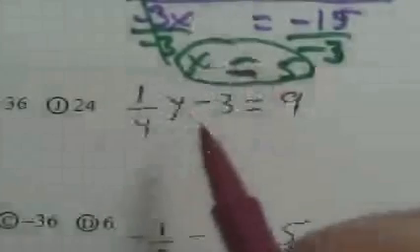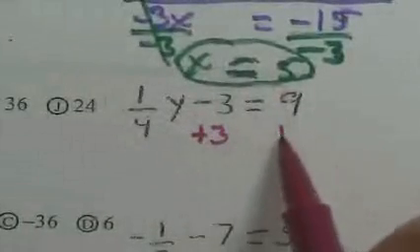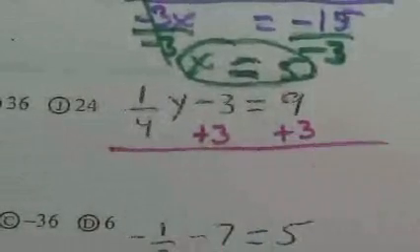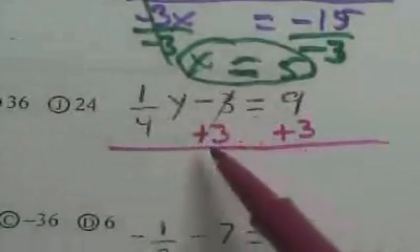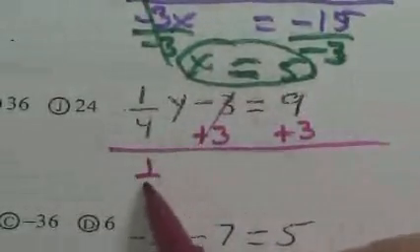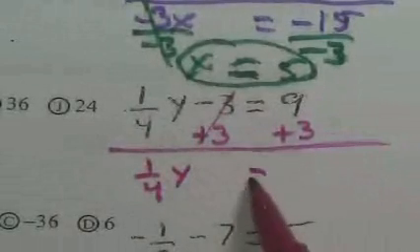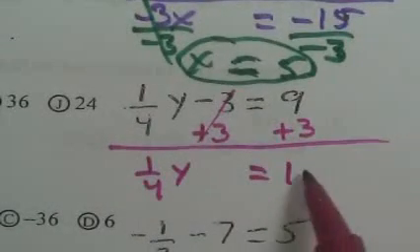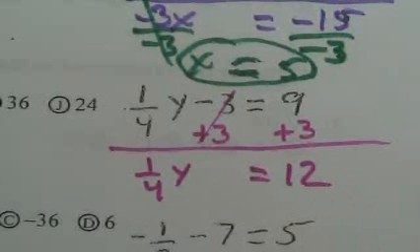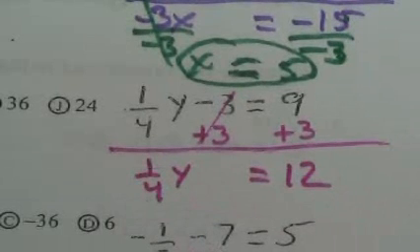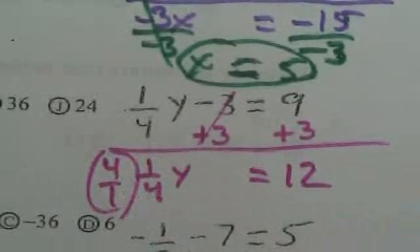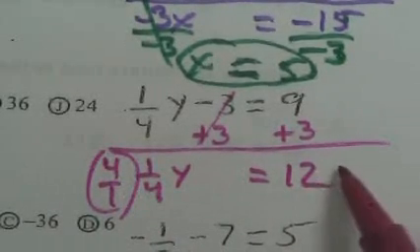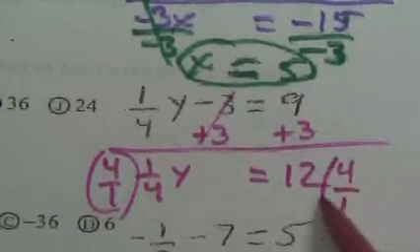Number 24, I add 3 first. To get rid of minus 3, I add 3. And that's going to give me 1/4 y equals 9 plus 3, 12. To get rid of 1/4, just multiply by the reciprocal, 4 over 1. So I need to do the same to the other side, multiply by 4 over 1.